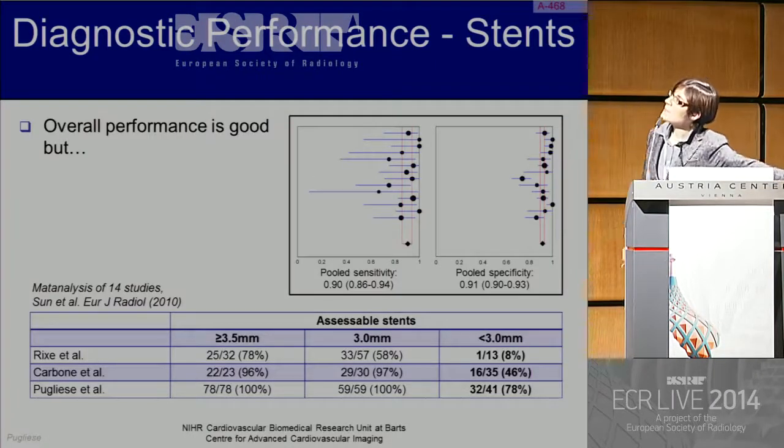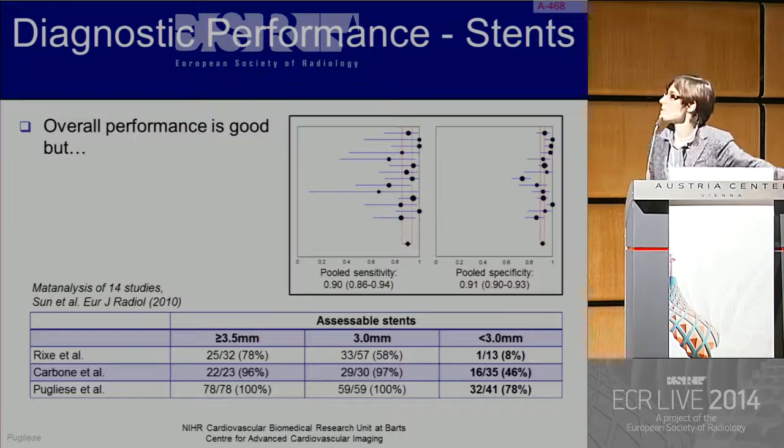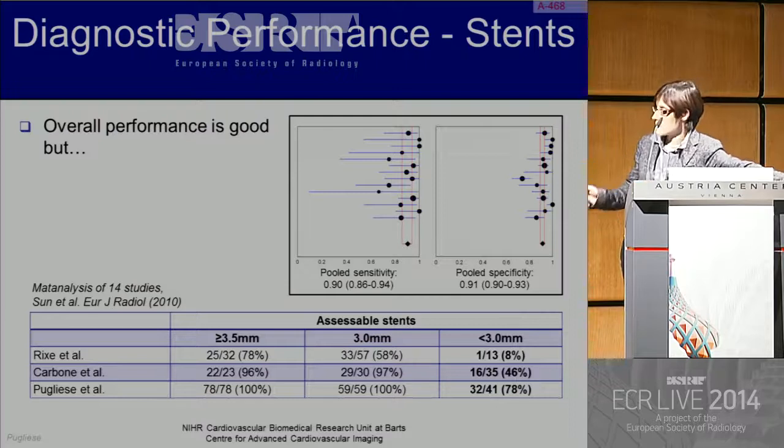What about the diagnostic performance of coronary CTA in patients with stents? This is a meta-analysis published a few years back of 14 studies showing that overall the pooled sensitivity and the pooled specificity of coronary CTA compared to invasive angiography is pretty good. Sensitivity is in the order of 90% and specificity, again, over 90%.